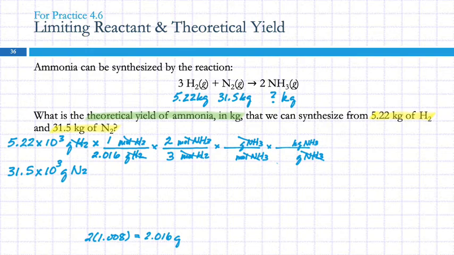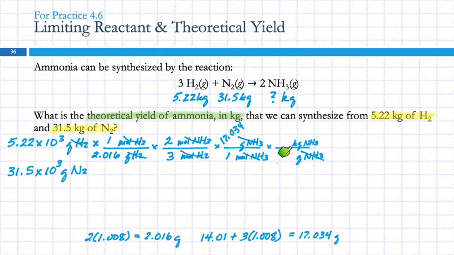We need the molar mass of ammonia. So 1 mole is 17.034 grams.